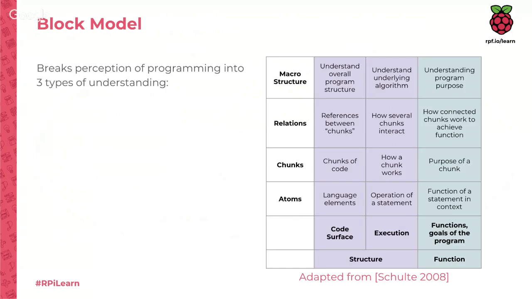This is adapted slightly from a model proposed by Schulte in 2008. By adapted, basically, I've changed one of the words from blocks to chunks, because if we're talking about block-based programming and then conceptual blocks, those might get a little bit confusing.